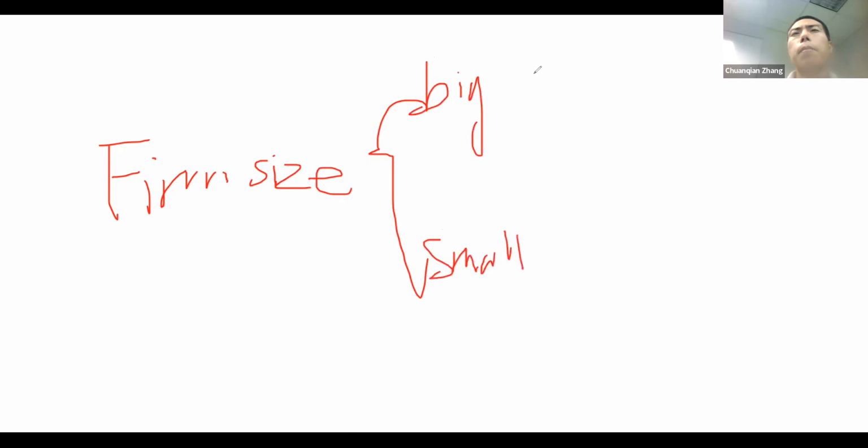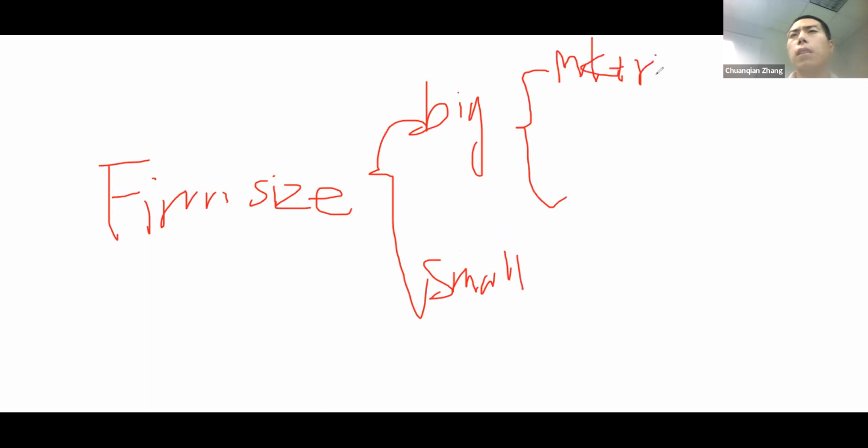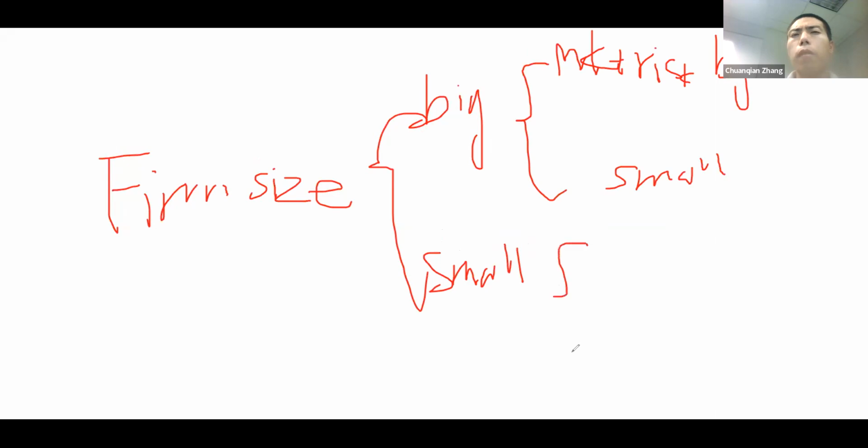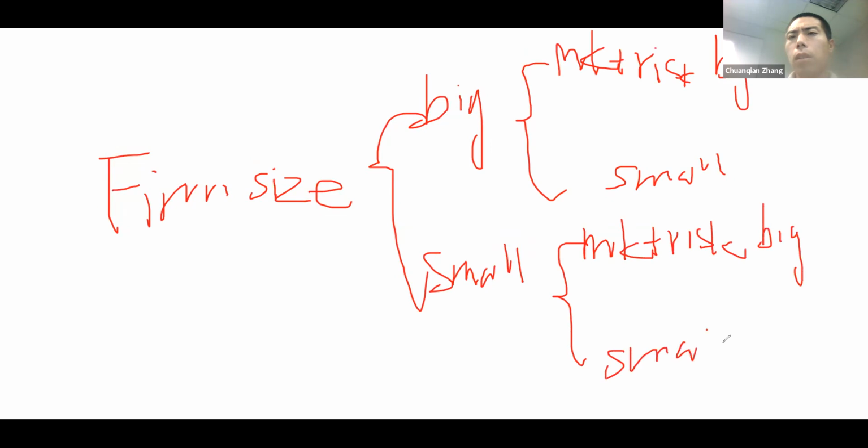For the big firm size, the market risk is big or the market risk is small. For the small firm size, the market risk is big or the market risk is small, and then we can count. Now there are four situations.